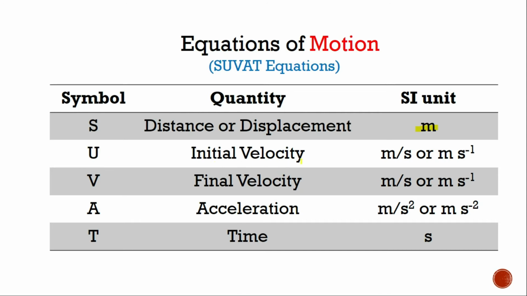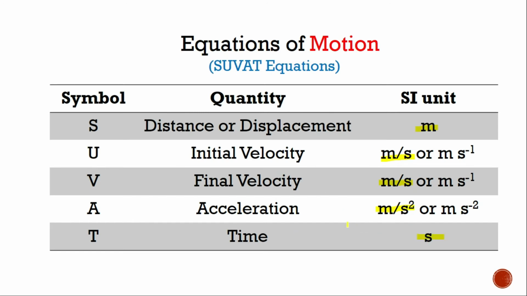U refers to initial velocity measured in meter per second. V is the final velocity measured in again meter per second. A is the acceleration, which is measured in meter per second squared, and T is the time taken measured in seconds.